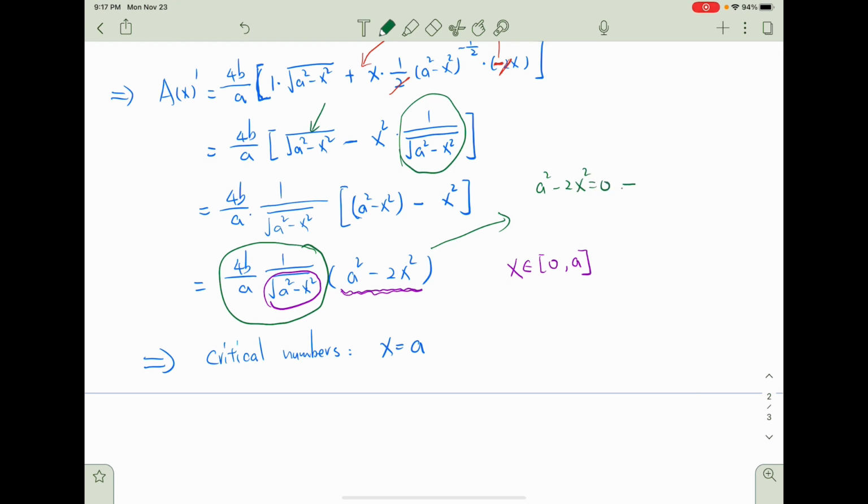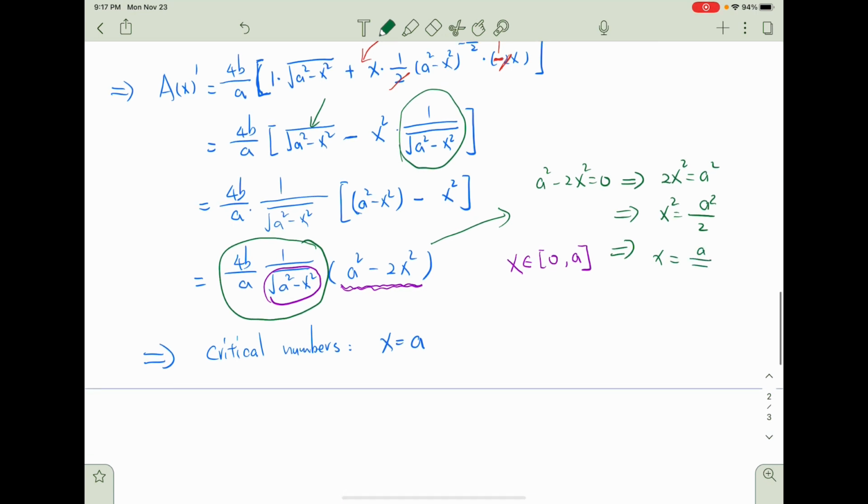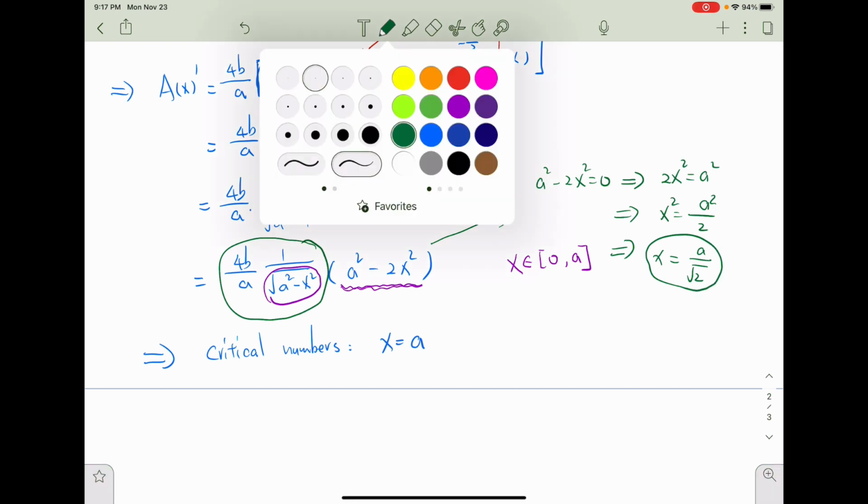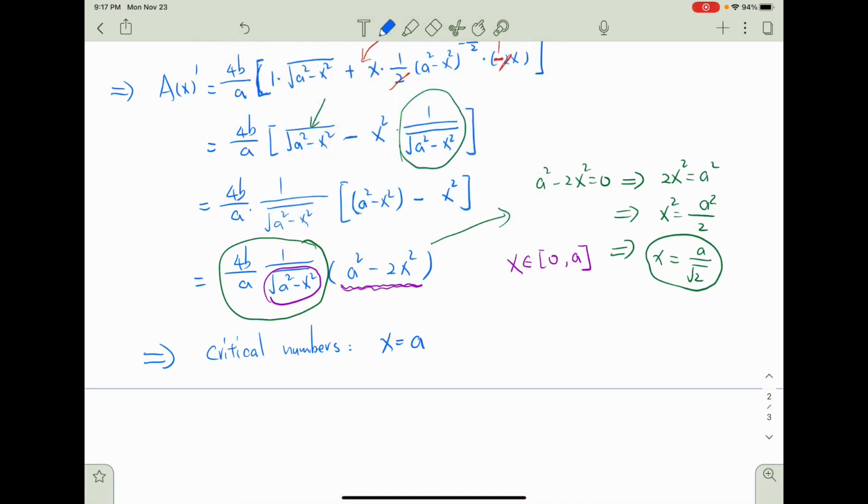And you solve this, you can find out that 2x squared is equal to a squared, right? So x squared is equal to a squared divided by 2, and take the square root. x is positive, so we have a over the square root of 2. So this guy is the other critical number, x equal to a over square root of 2.